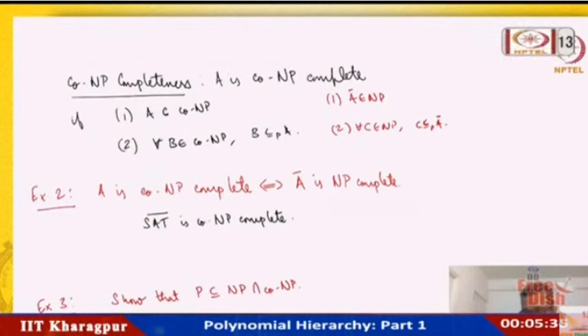Now B complement is in NP, right? So B complement reduces to A complement, but the same reduction means that B reduces to A, right? Because no maps to no, yes maps to yes. So you can work out the details. That's how this is done.